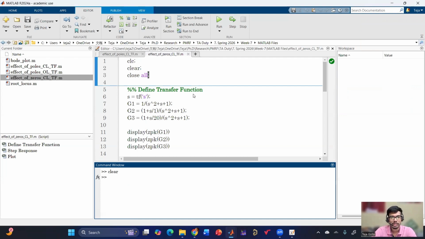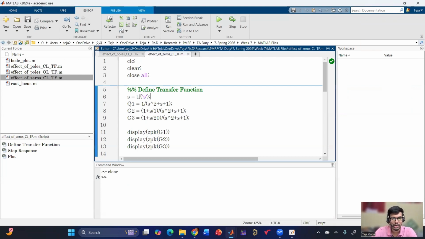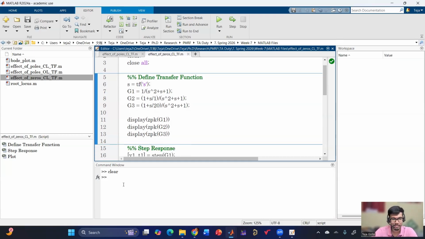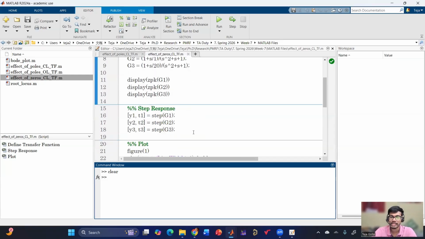Then I am defining the original transfer function, which I'm calling G1. And then to this, I am adding G2 and G3, LHP zeros, one at s equal to -1 and one at s equal to -20. Then I'm checking the display, it will display in the command window. And then I'm checking their step response.